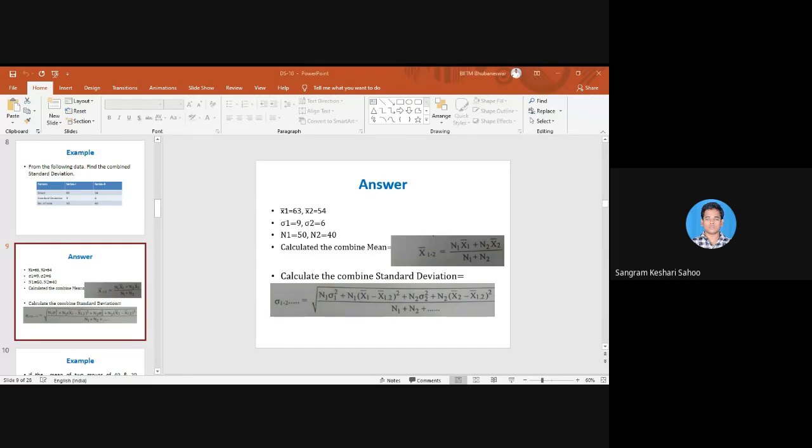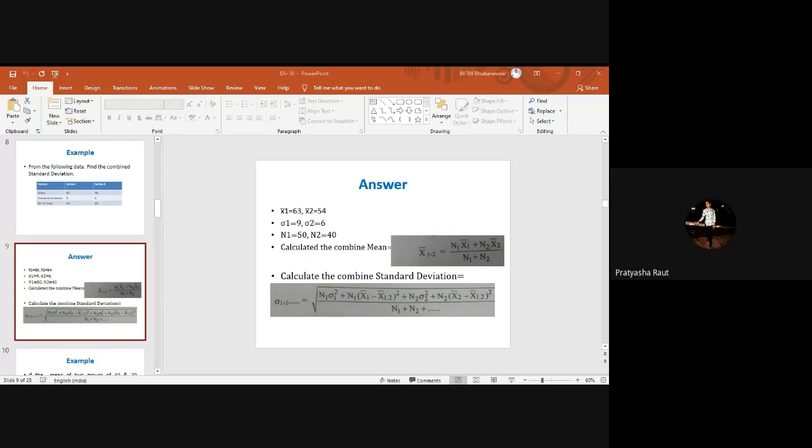Sahu, your answer is correct. What is your value of combined mean, first series and second series? Shwati Naik, answer for combined mean? Have you done? Yes, sir.